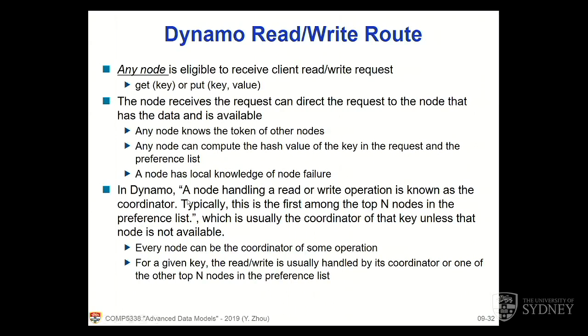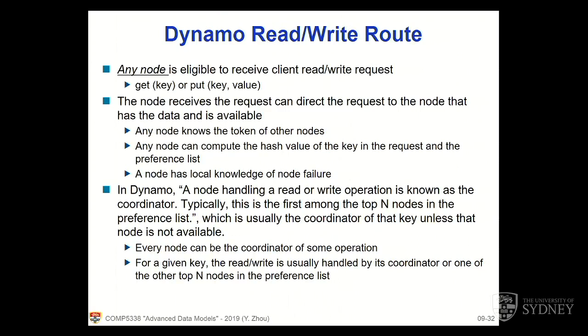So the node handling a read or write operation is known as the coordinator. Any read or write will have some coordinator, and most likely the coordinator is the coordinator of the key. It's the first one in the preference list, the one that is supposed to store the range of that key. Only when that one is not available can a subsequent node on the preference list work as the coordinator.